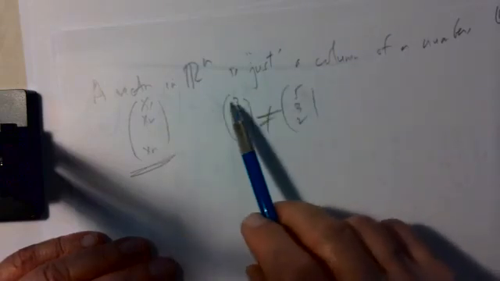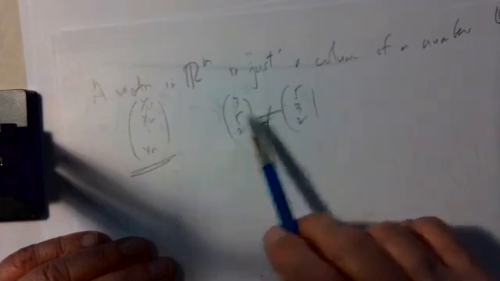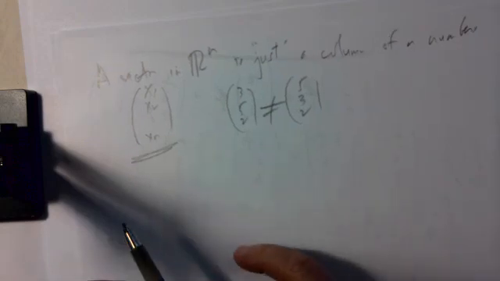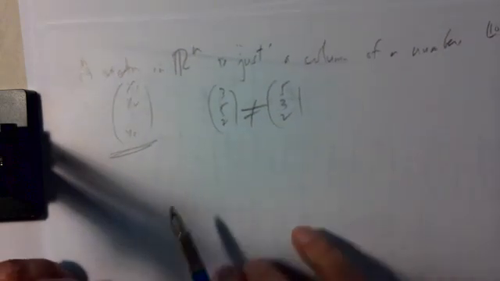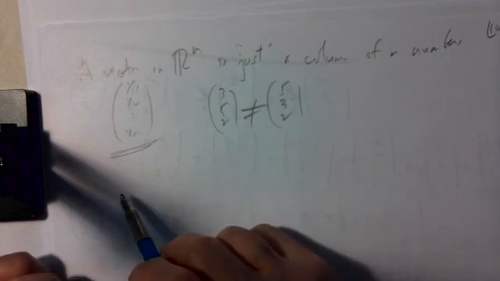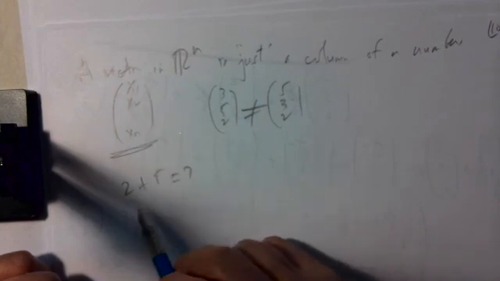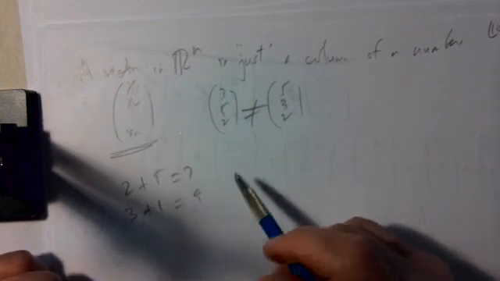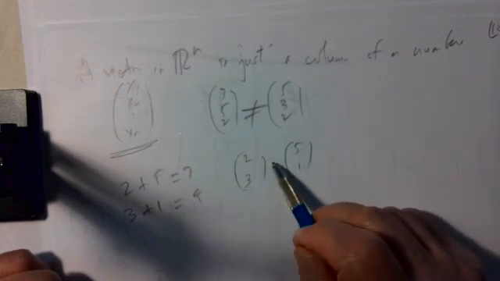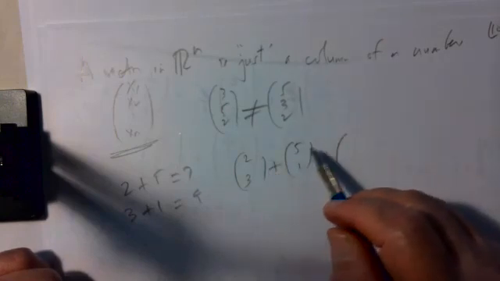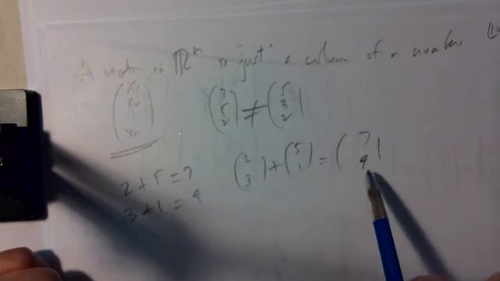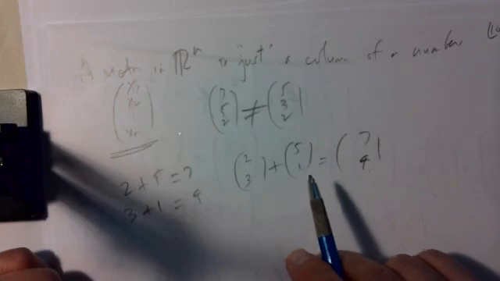Two vectors are the same only if their coordinates are the same: the first coordinates, the second, and the third. So it's just a column of numbers. That's all it is. Psychologically, it might be complicated in the beginning because you're not used to it. But just the way 2 plus 5 is 7 and 3 plus 1 is 4, if you take the vector 2, 3 and the vector 5, 1 and add them, you get 7 and 4. That's all it is.